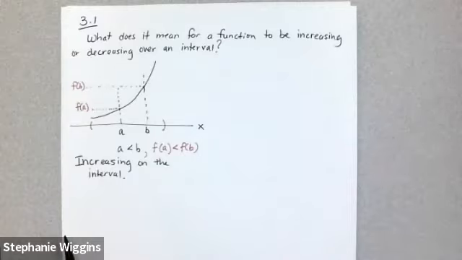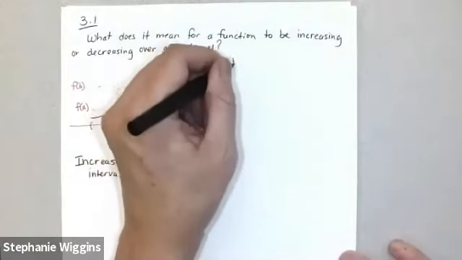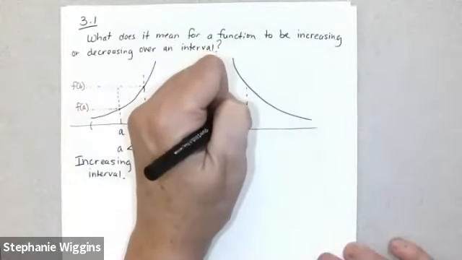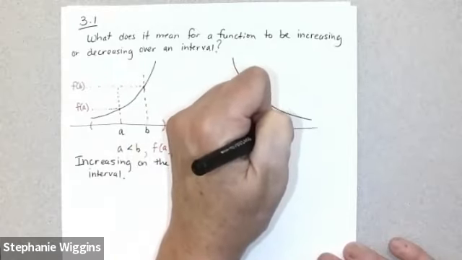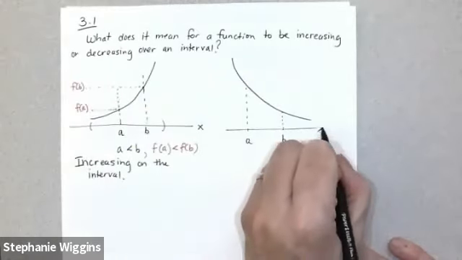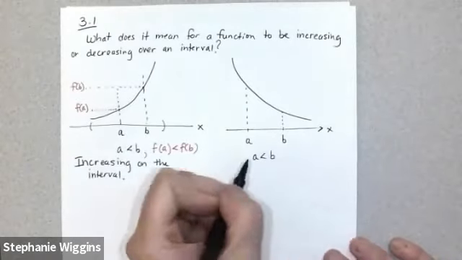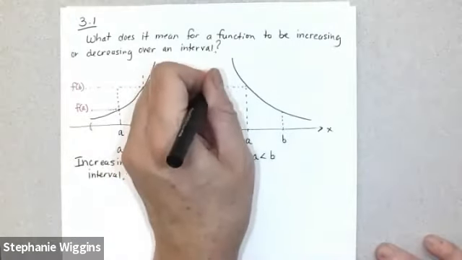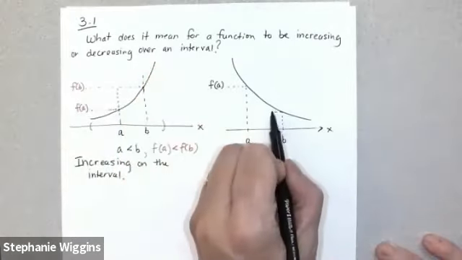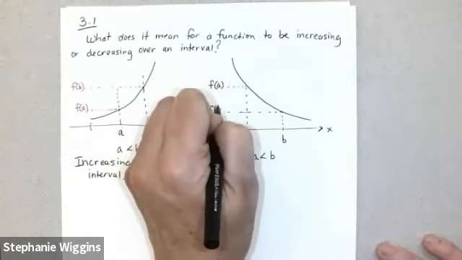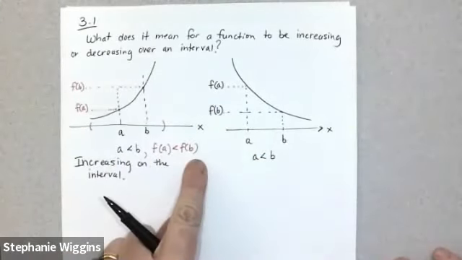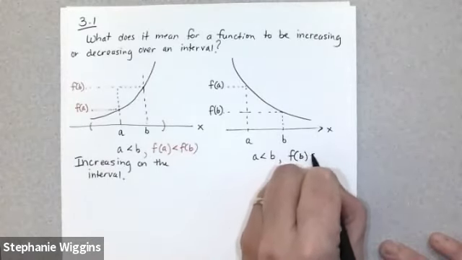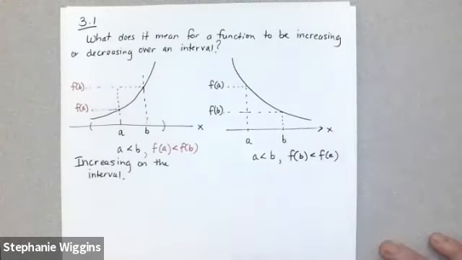Now let's look at an example of a decreasing function. Okay, this is a decreasing function here. And similarly, you can pick your A, and you can pick your B, and you can see on the x-axis that A is less than B. However, if you go to the y-axis, notice that this time f of A is greater than f of B, whereas over here f of A was less than f of B. Or f of B is less than f of A, same thing, right?